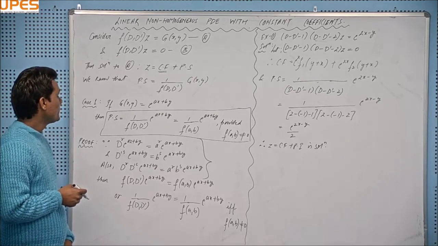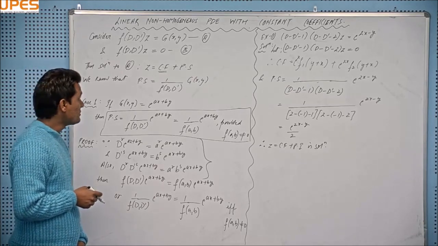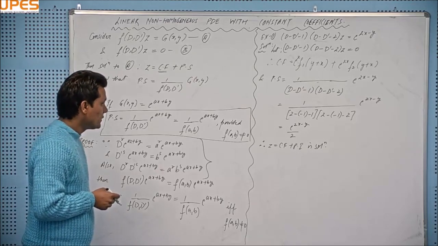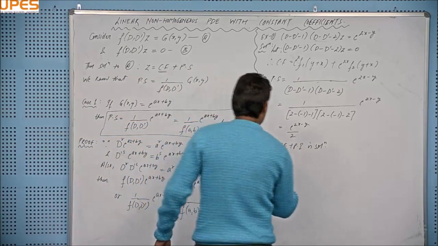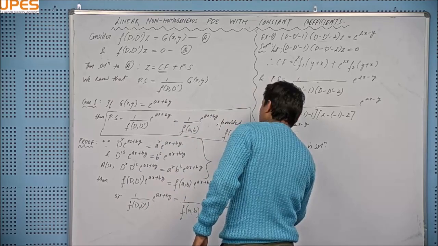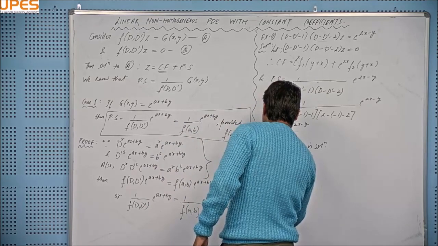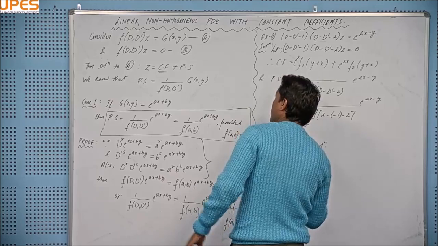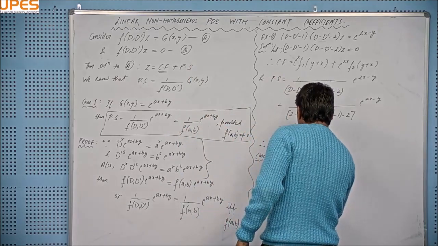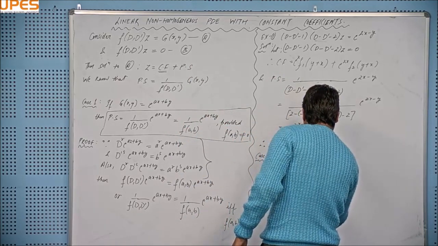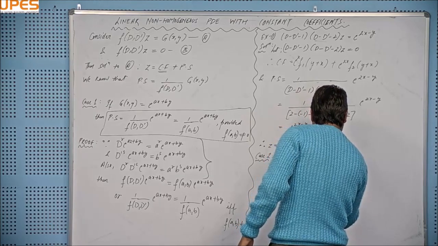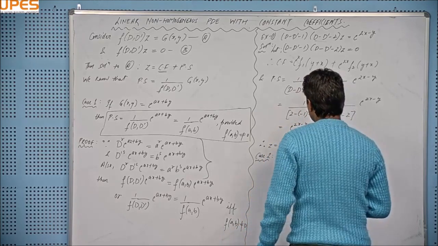Then moving on to our second case, case number 2. Let me start from here. Case 2. If the right hand side of this equation number A, if g(x,y) is actually sine(ax plus by), right?